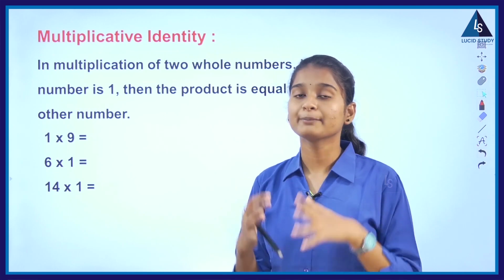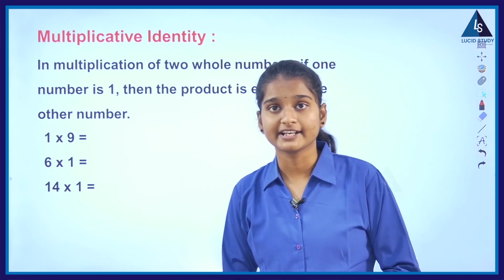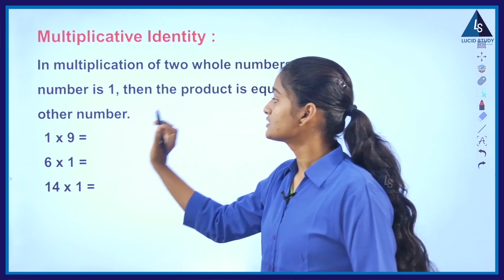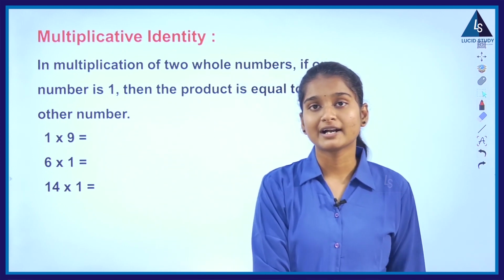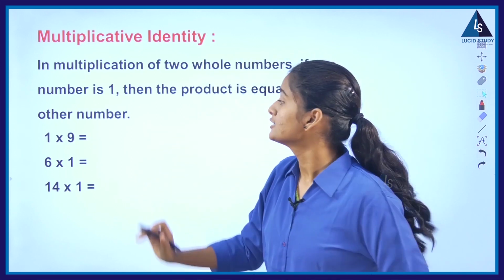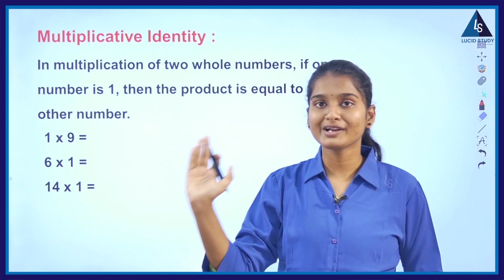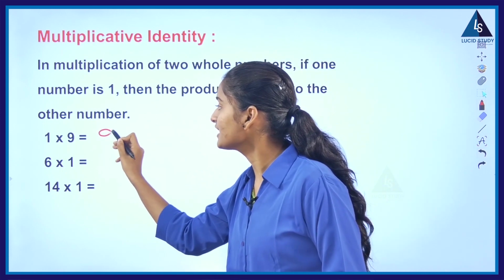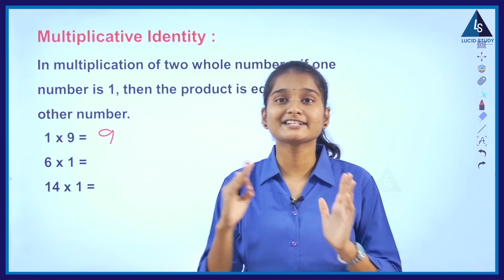Now we will learn about multiplicative identity. Multiplicative identity is nothing but 1. So if any number is multiplied with 1, the product is the same number. So for example, 1 into 9. So when 1 is multiplied with 9, the product is 9. 6 into 1.